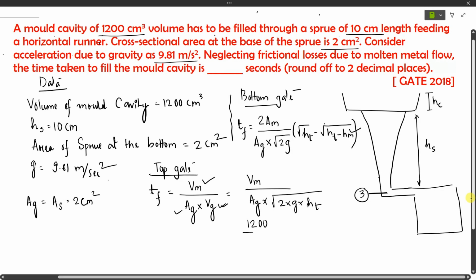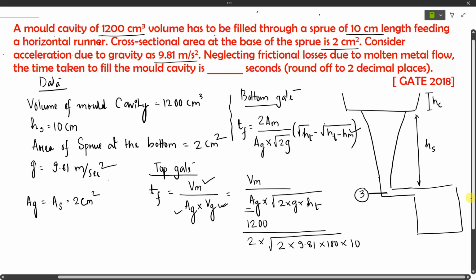We need to keep in mind that the data which we are using is in centimeter. Ag, that is area of the gate or area of the base of the sprue, is 2 centimeter square. So this is 2 into root of 2 into G, which is 9.81 meter per second square. We'll convert it to centimeters, so we'll multiply it by 100, into HT. So HT will be taken as 10 here.